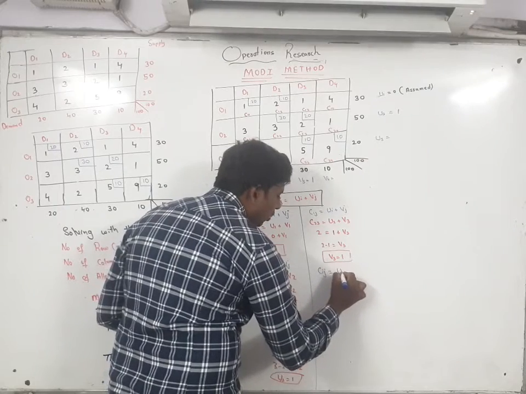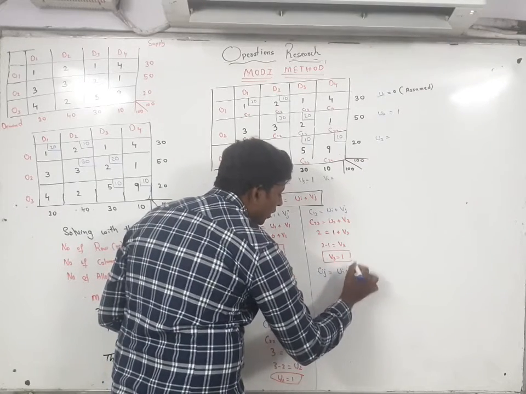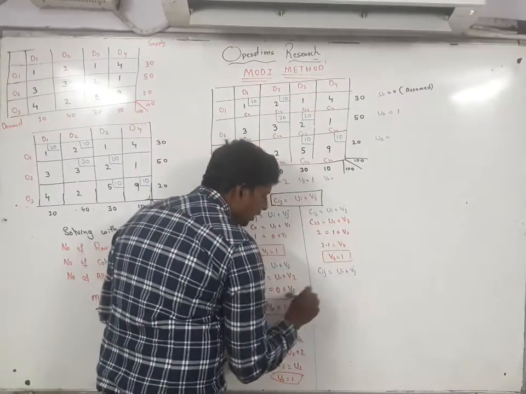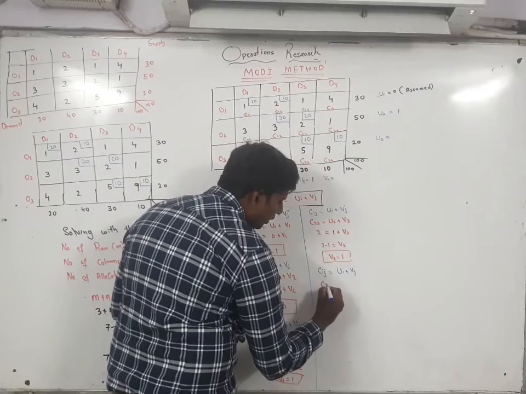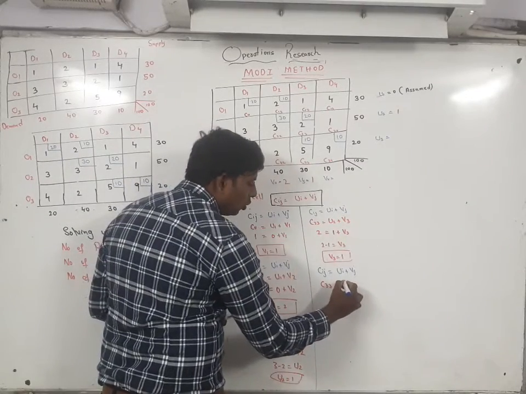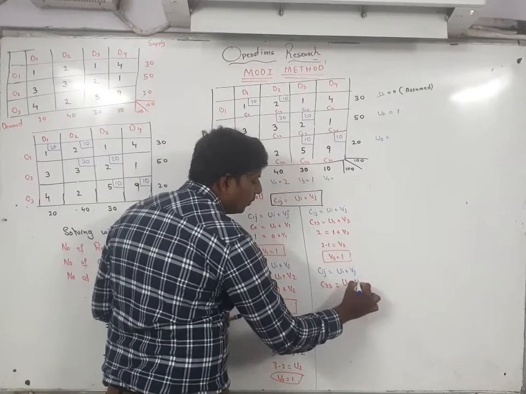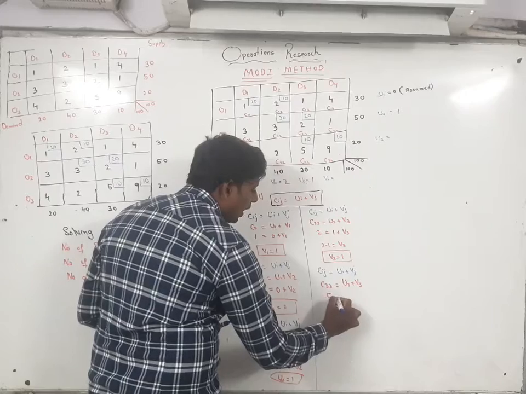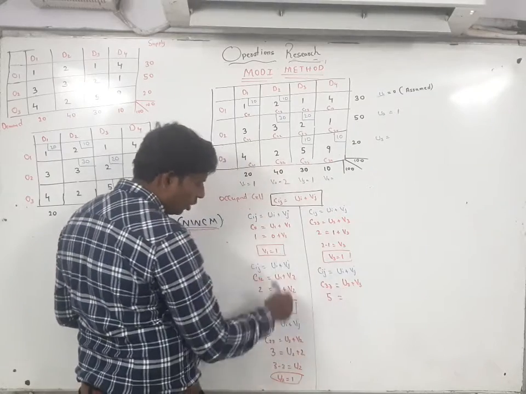What is the next occupied cell? Cij is equal to ui plus vj. Next occupied cell name is C33. So U3 plus V3. C33 value, how much is there? 5 is equal to U3 plus V3. You got the U3 value?